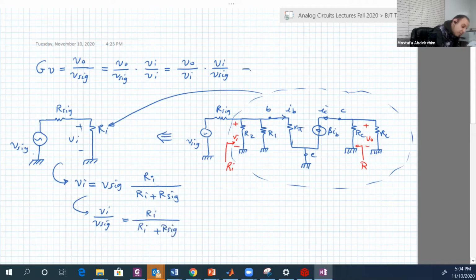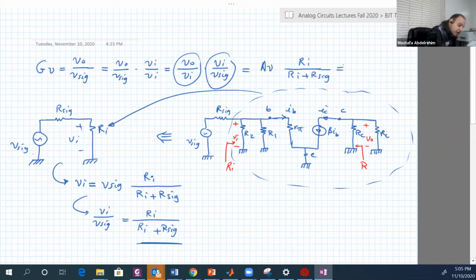VO over VI is actually AV. We just calculated it, it's minus 97.7. And this guy is RI over RI plus R signal. If we substitute for AV, and we know RI, it's 1 point something kilo ohms, and R signal is around 2 kilo ohms, this will be minus 36.368, and it's dimensionless, not volts.